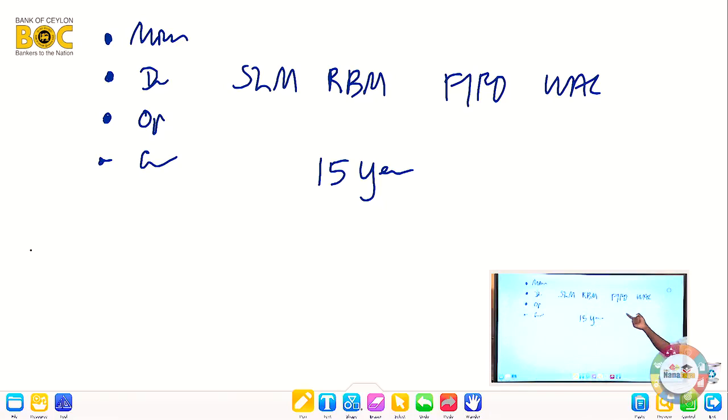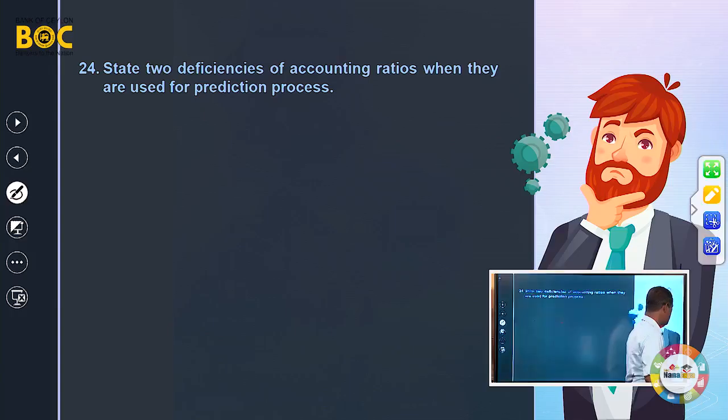You have a good customer base after 15 years. So the company's history also we have to consider in the analysis of financial statements. Those are the deficiencies in ratio analysis.